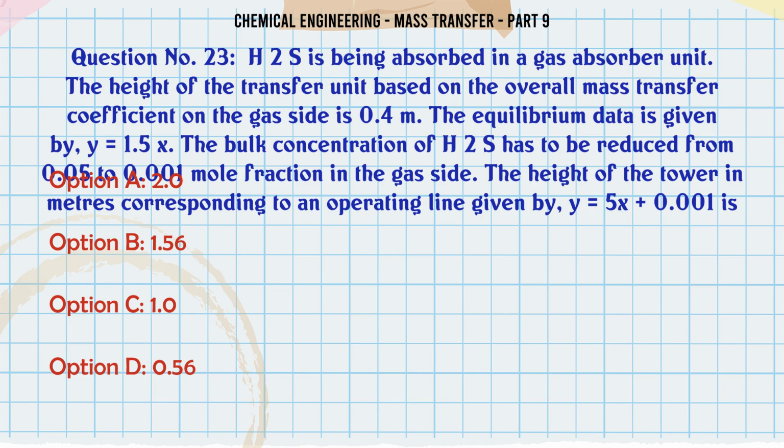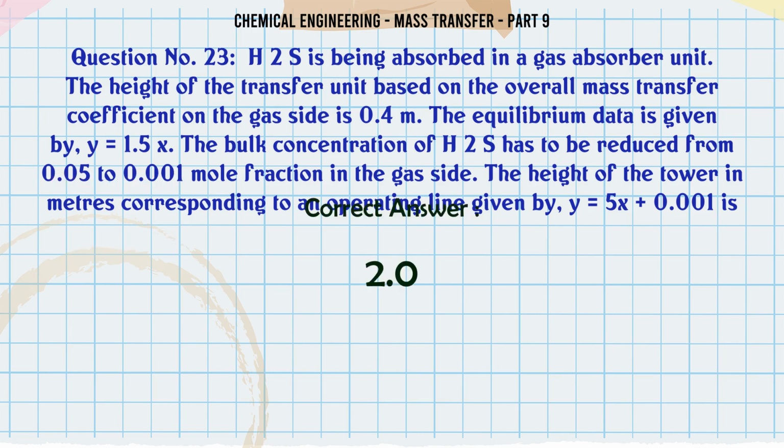The height of the tower in meters corresponding to an operating line given by Y = 5x + 0.001 is A. 2.0, B. 1.56, C. 1.0, D. 0.56. The correct answer is 2.0.